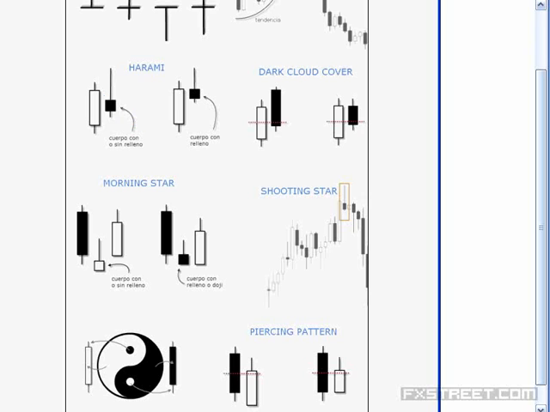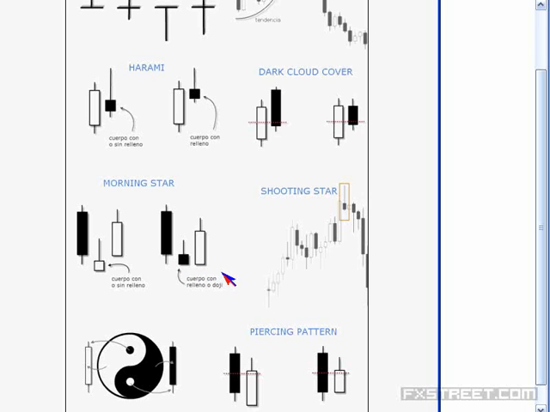Usually in non-forex markets, we have a series of gaps between the candlesticks. Like here in the morning star, usually the star, the middle candle, is alone or separated. The bodies are separated through a gap from the first and second candle and third candle, whereas in forex there is no gap.